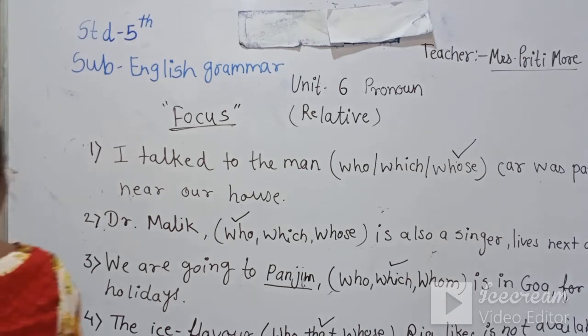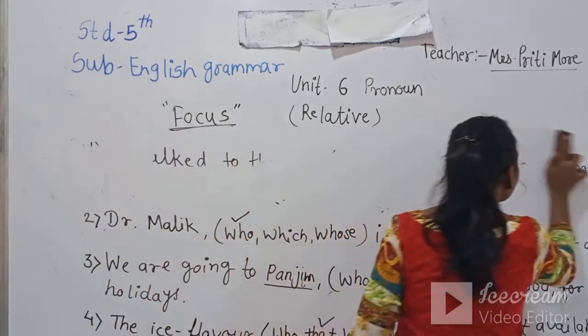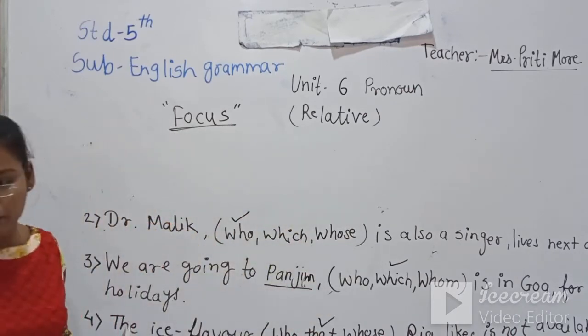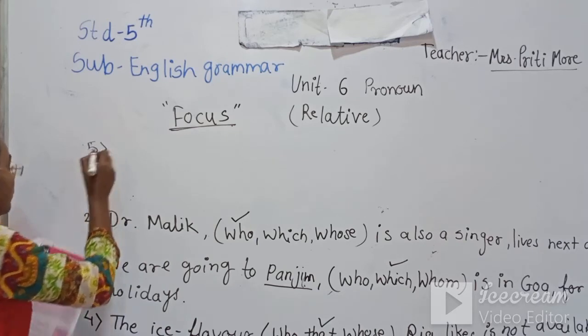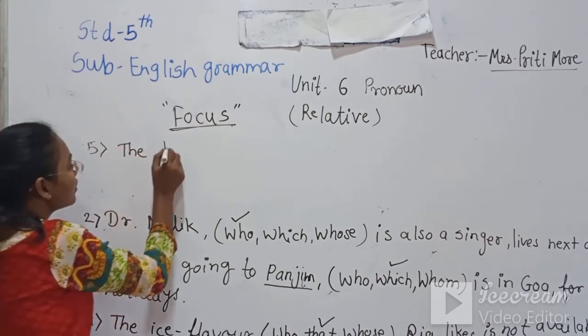Now I have dropped the first one. Let's see the fifth sentence. The fifth one is: the boy ___ father is from England is coming today.